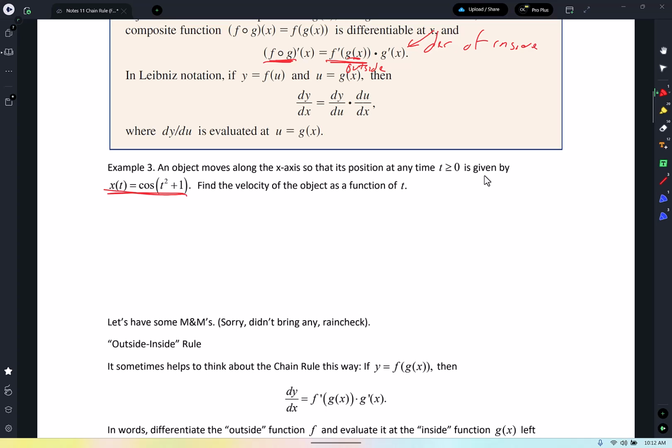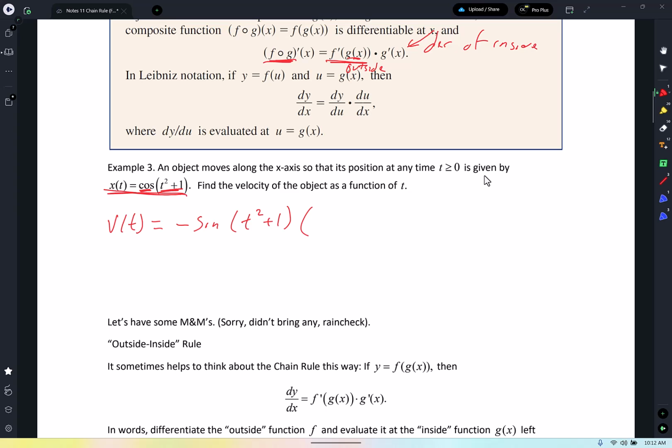All right, here we go. So the cosine is considered outside, and it always has an argument. So this is probably not the very best question to do this. Okay, here we go. What is the derivative of cosine? Negative sine. Leave the argument alone. You got to leave the argument alone anyways. You're not done with the derivative. That is not cosine of x or cosine of t.